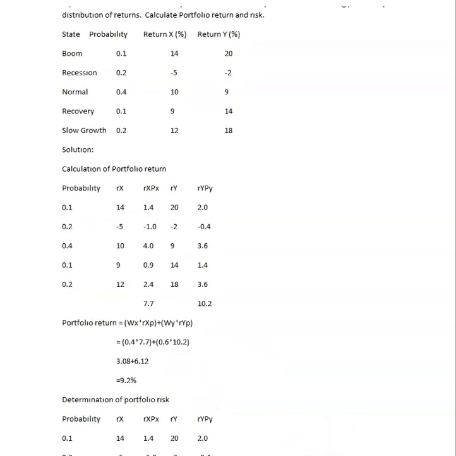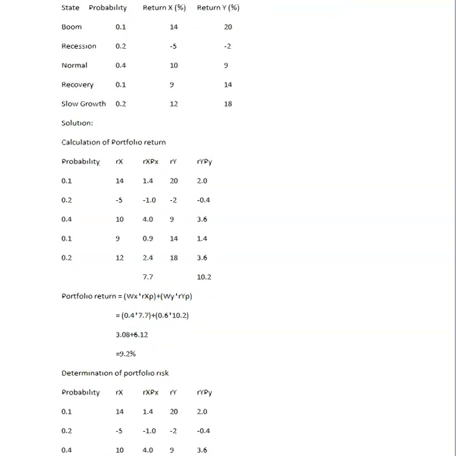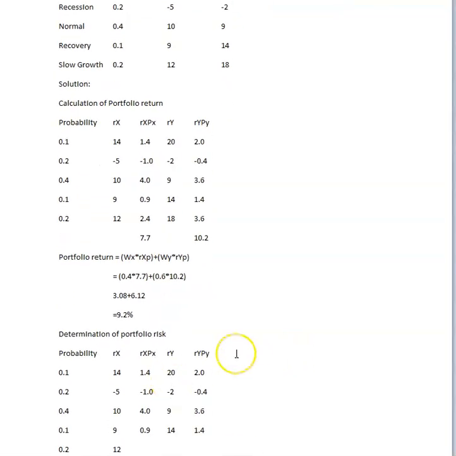Okay, I think you are able to see whatever calculations that we have made here. So I have taken the return of X and then we will take the total of these returns.